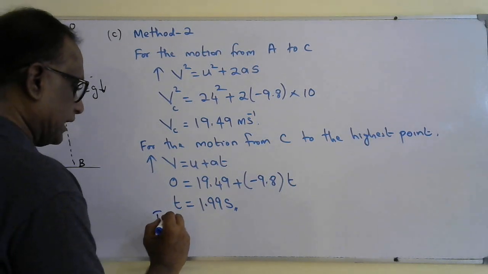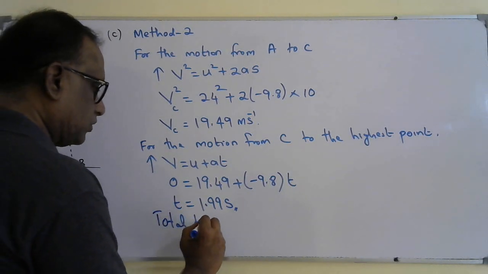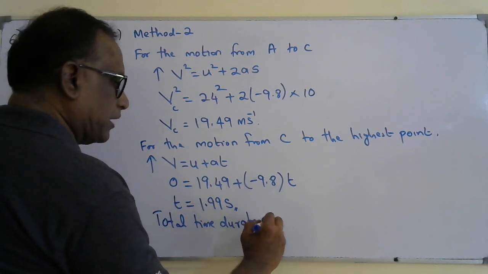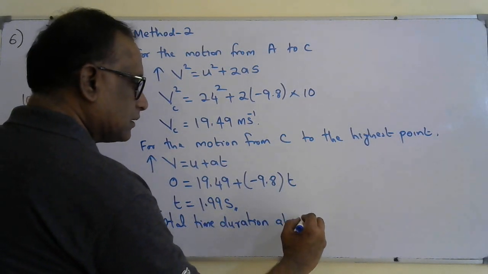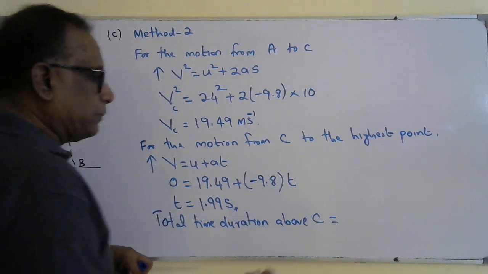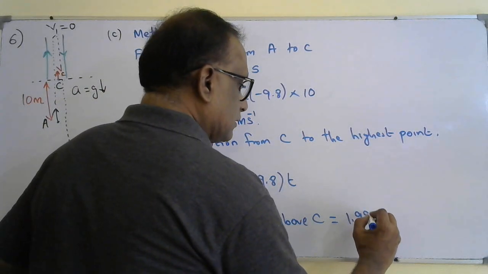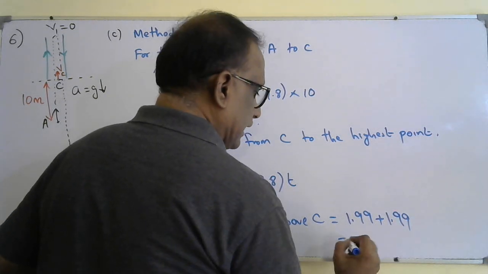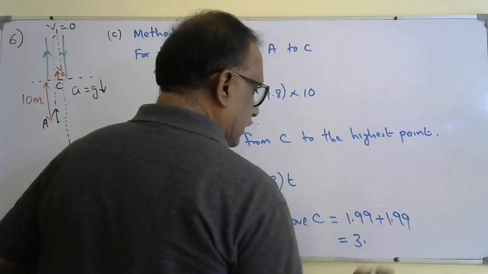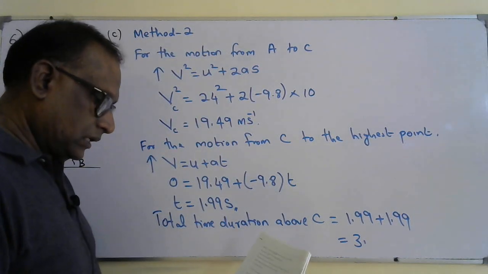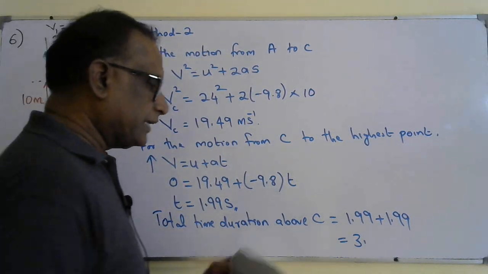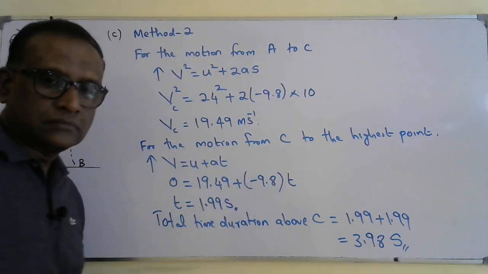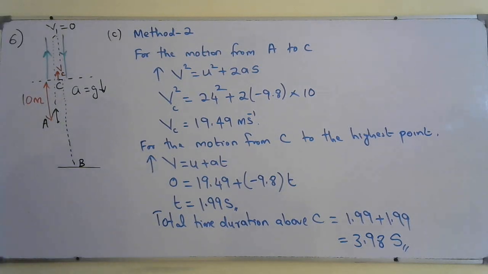So the total time duration above C equals 1.99 plus 1.99, or into 2, so that will be 3.98 seconds. Okay, same answer we are getting.